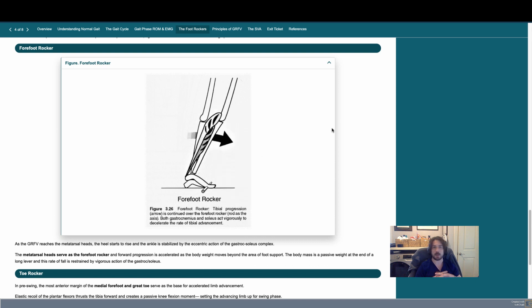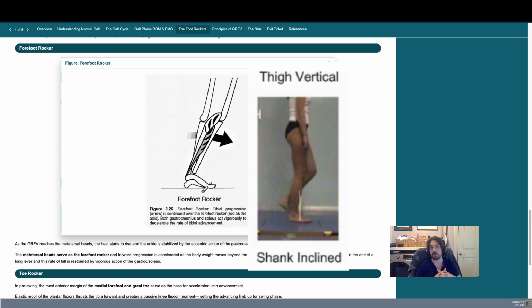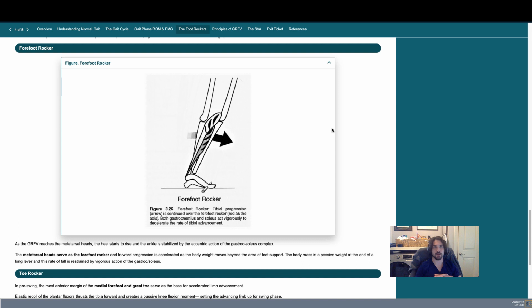That's going to be the optimum amount of incline to allow the thigh and the head, arm, and trunk to progress over our foot during mid-stance. So that allows us to maintain some of the momentum of our body segment moving forward, and so we preserve that forward momentum.